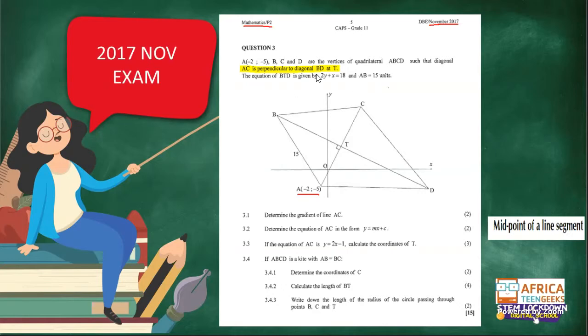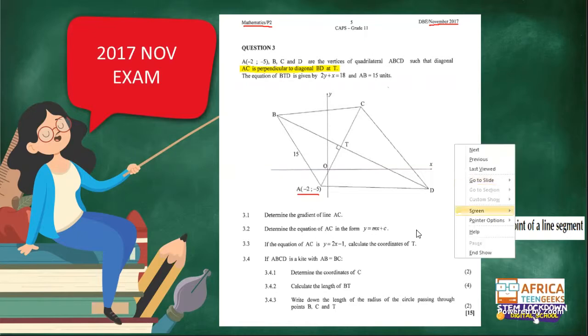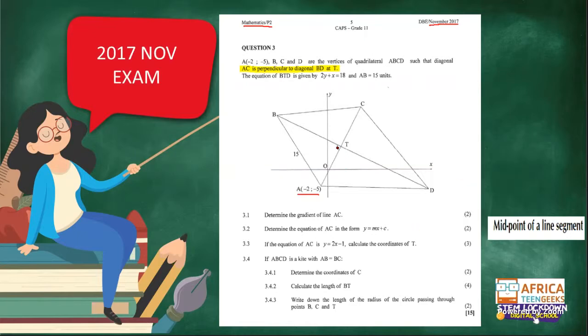Okay, so if we have perpendicular lines, they already showed us that they meet at a 90-degree angle, but we also mentioned something about the gradient.